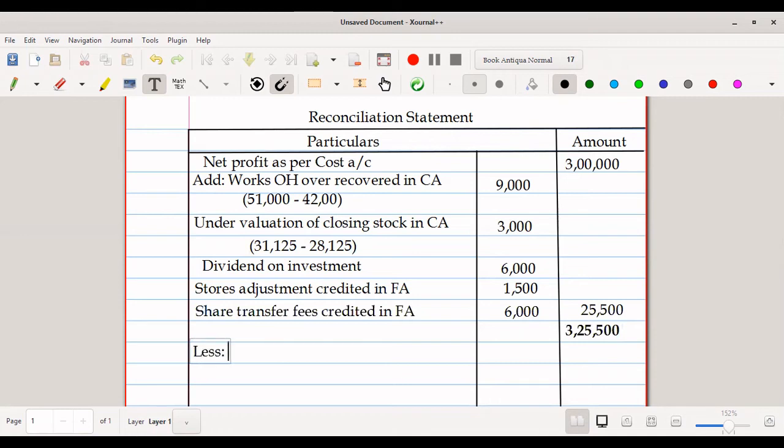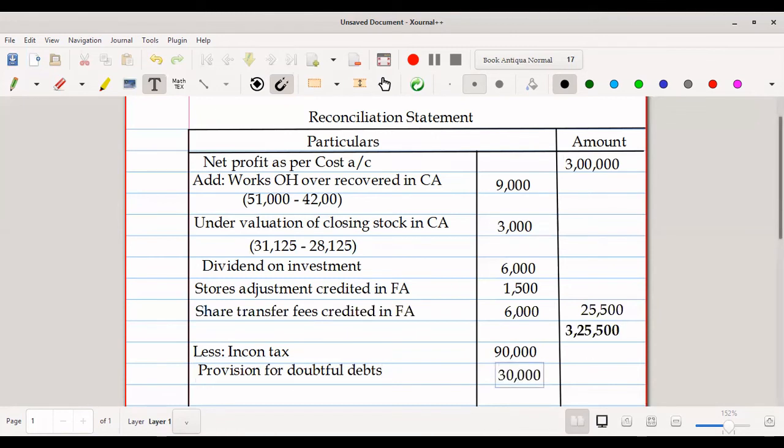It's already discussed earlier. Now the very first point is income tax. Deduct all the expenses and losses. Income tax given amount is rupees 90,000. And the next point is provision for doubtful debts. Amount given is 30,000.